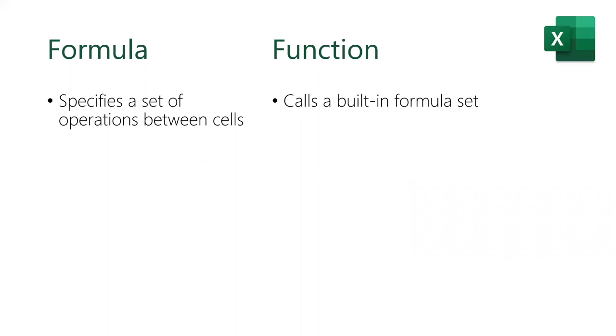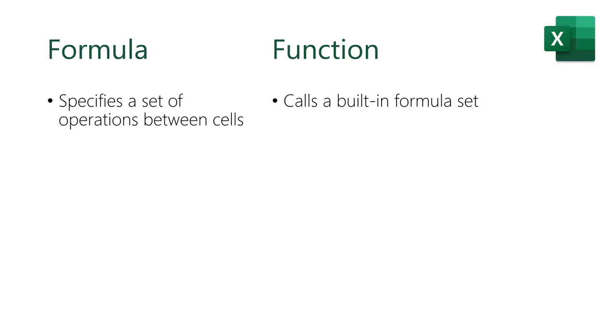For example, if I'm typing equal to B1 plus B2, that is a formula, because what I'm doing is specifying a set of operations between two cells. What are the two cells here?